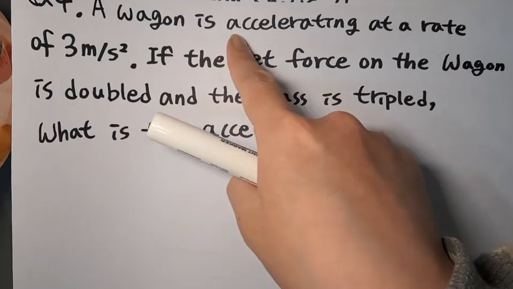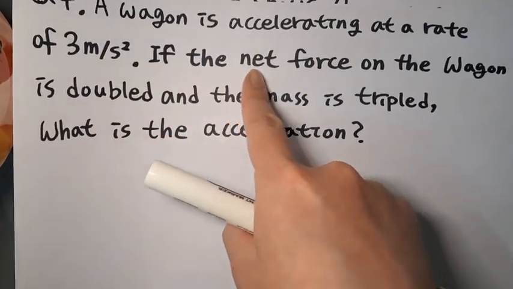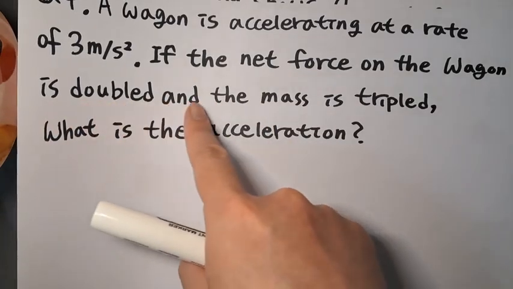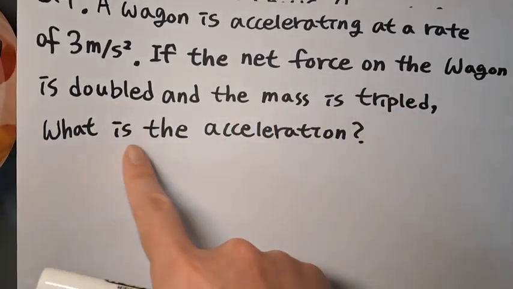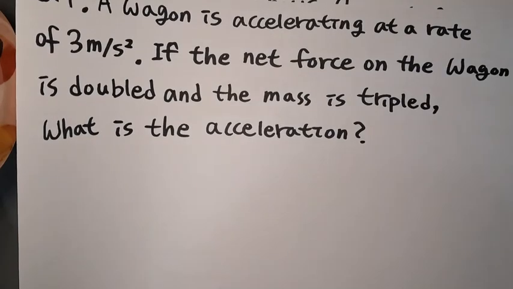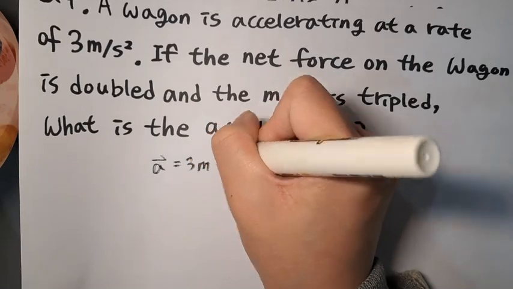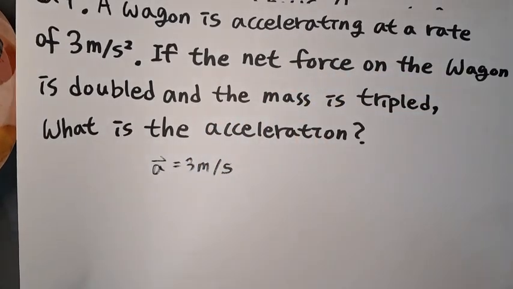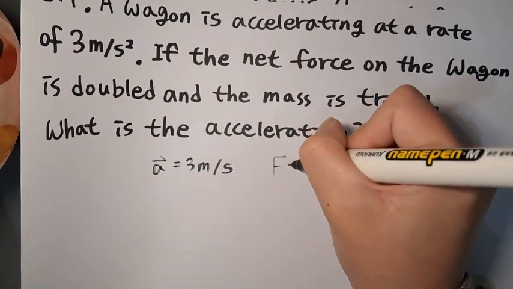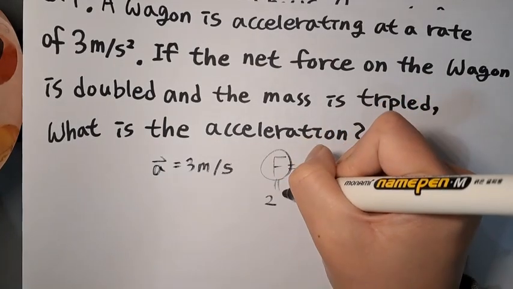A wagon is accelerating at a rate of 3 meters per second squared. If the net force on the wagon is doubled and the mass is tripled, what's the acceleration? Acceleration is going to be 3 meters per second squared, and we are going to apply this to this equation.